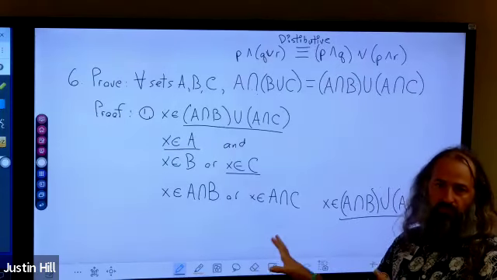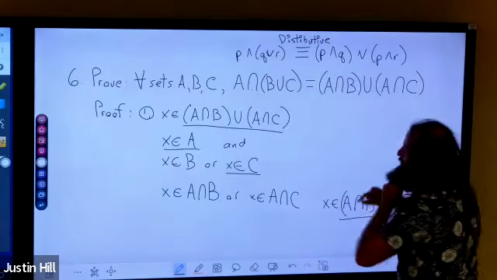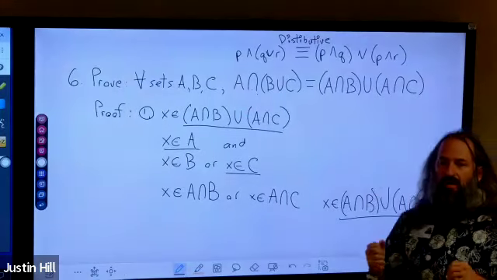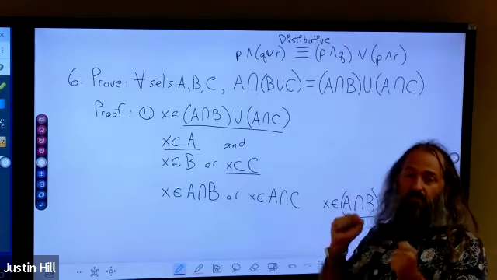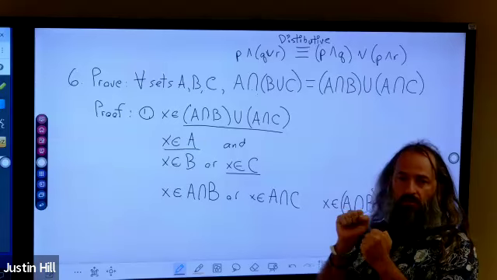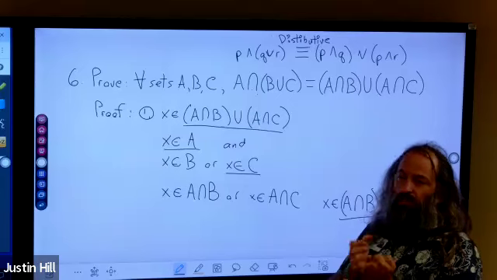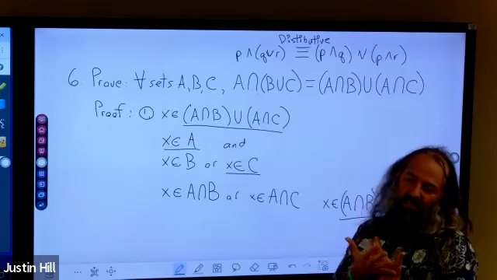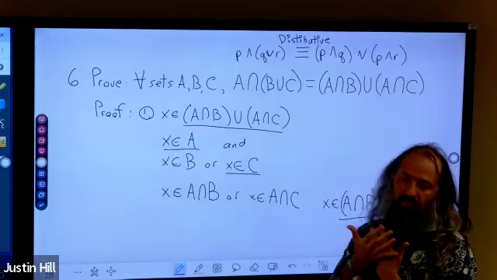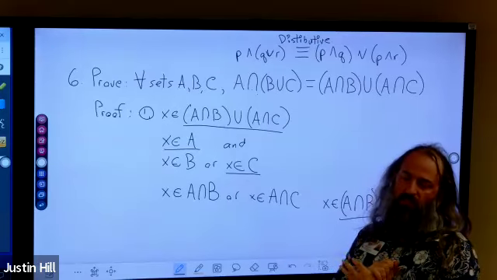So she proves that if X is in the left side, it's in the right side, and she does it completely by breaking down the set into logical statements and then taking the logical statements and rebuilding them up into a set. And so again, the cool thing about this is because there's no definition of the set, we don't have the advantage of algebra or definitions.